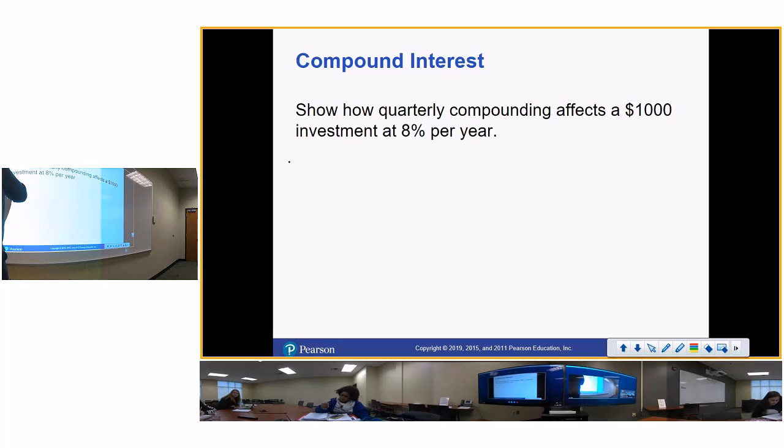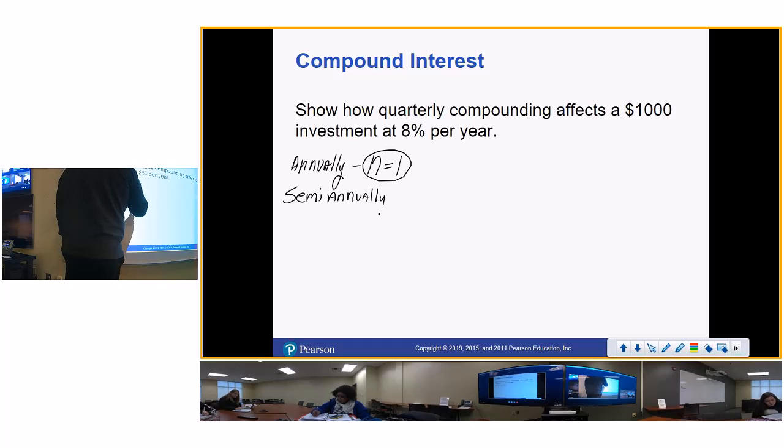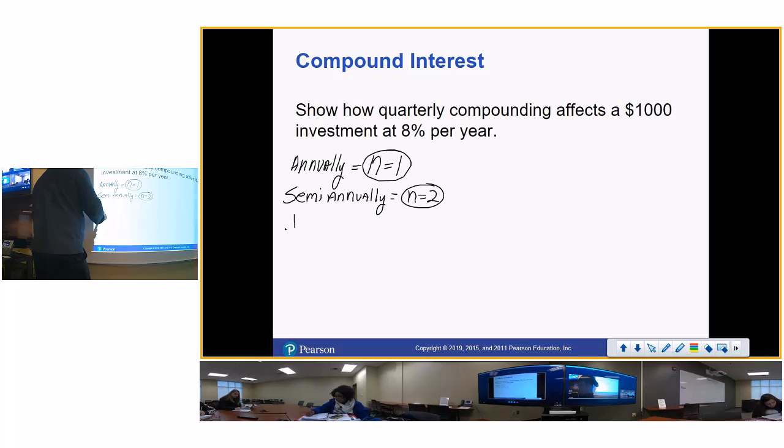What is annually? Once a year. And y'all should know that. 1, or N, is equal to 1. What is semi-annually? Semi-annually is twice a year. So N is equal to what? 2. Quarterly. N is equal to 4. Monthly.